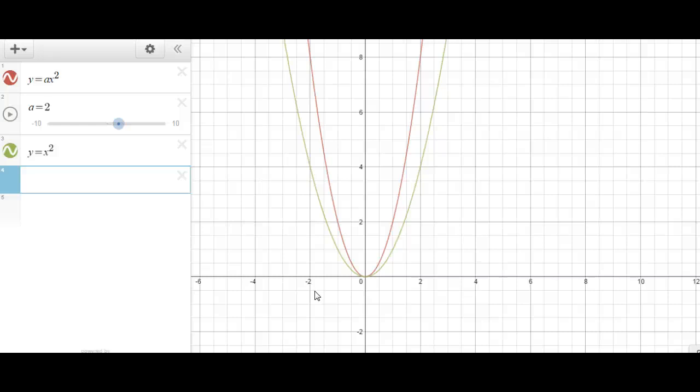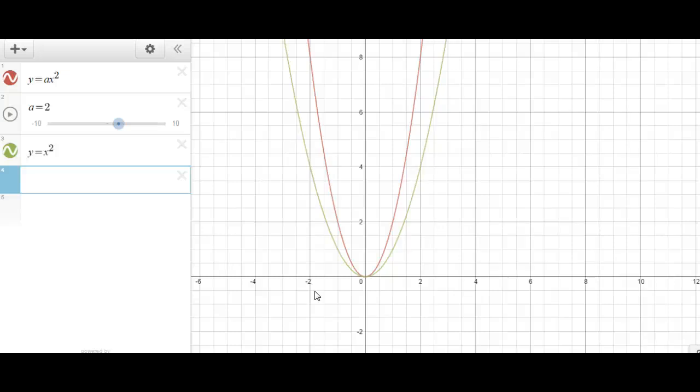So what's happening is that we're getting a vertical stretch. This point, 2, 4, is being stretched up, so it becomes the point 2, 8. Although it does get narrower, physically, what's happening really is it's being vertically stretched by a factor of 2.